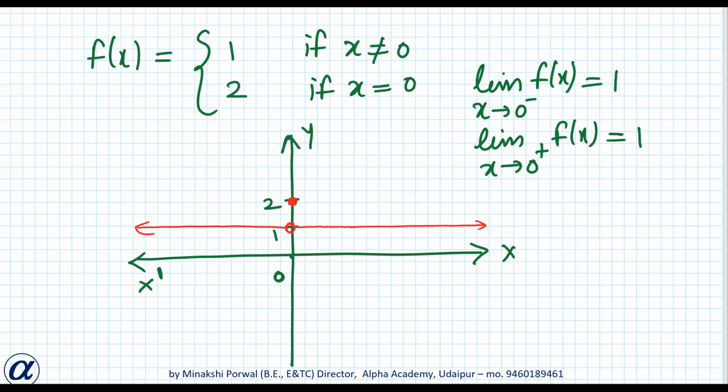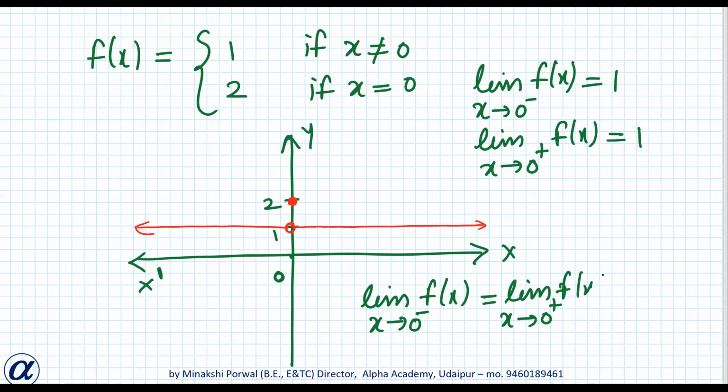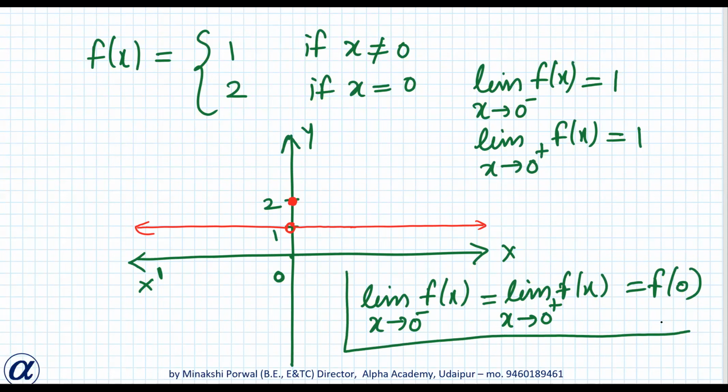So now we write limit x tends to 0 minus f(x) equals limit x tends to 0 plus f(x) equals f(0). This is the condition for a graph to be continuous at x equals 0.